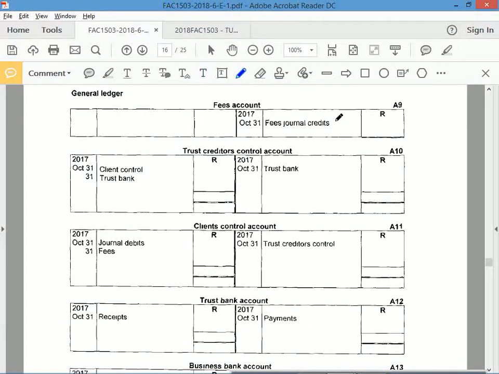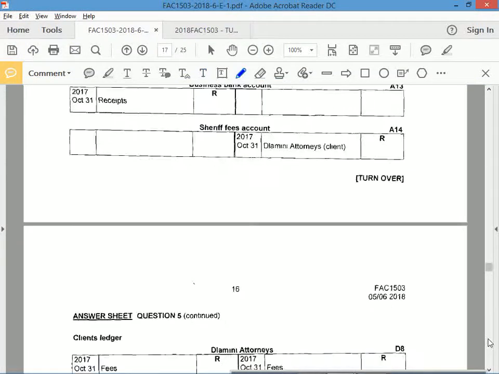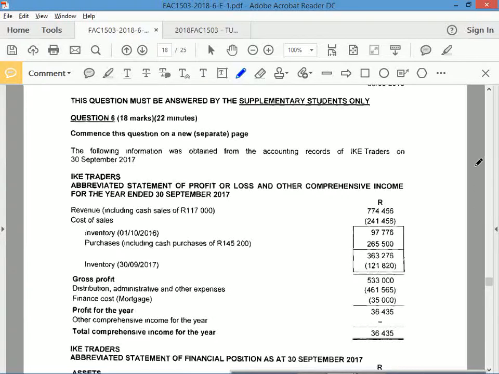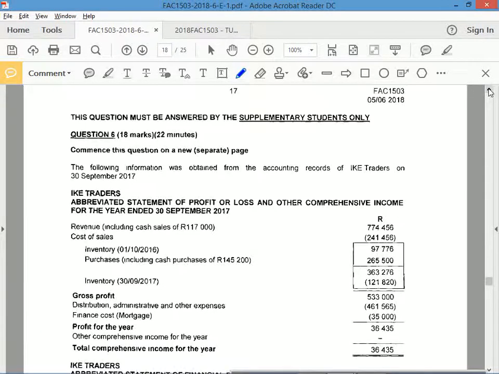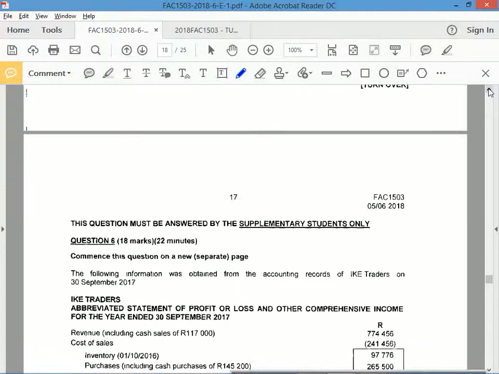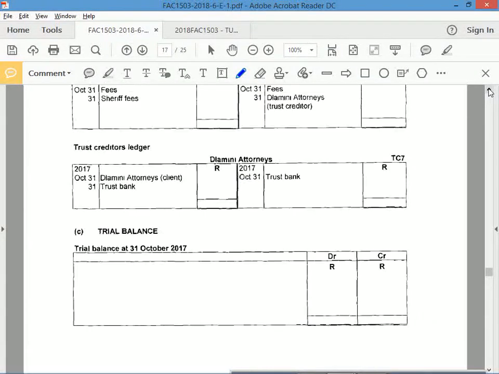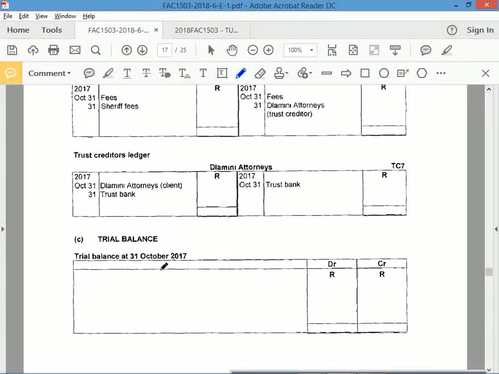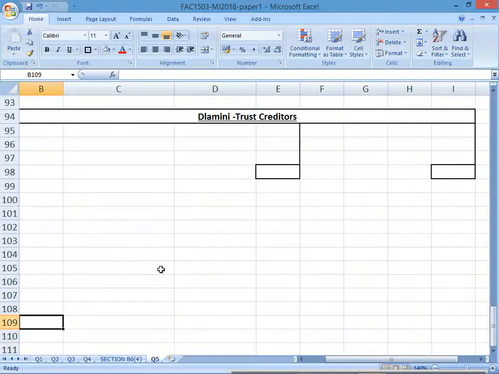The trial balance, because it's out of 1.5 marks, I'll just use what's here. Oh, there's a question 6 here. Oh, that's the old syllabus, so you guys don't have to do that one. The trial balance is just debit and credit. That's easy. I'll just quickly draw that here. Trial balance, debit, credit. That's it.